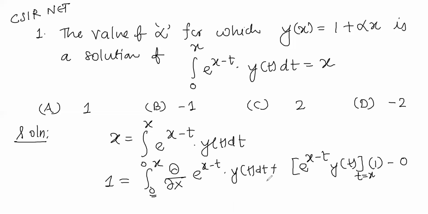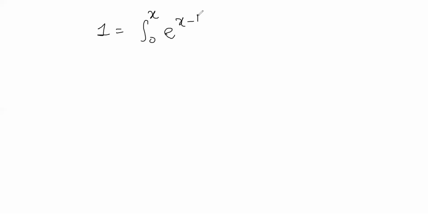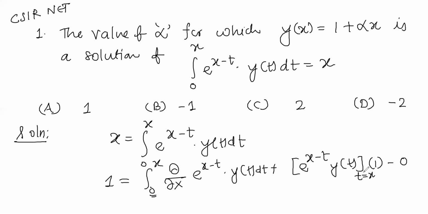Now we have 1 equal to integral 0 to x. If you differentiate this with respect to x, I'm going to get the same quantity, e power x minus t into y of t dt. And right here, if I put t equal to x, then x minus x gives me 0, so this quantity becomes 1 and this will be y of x.